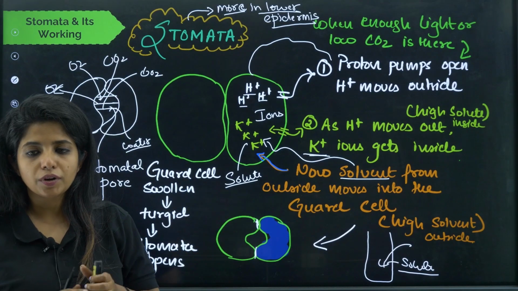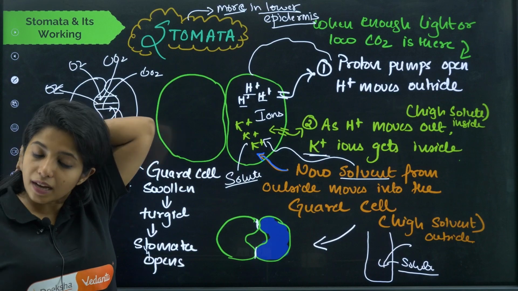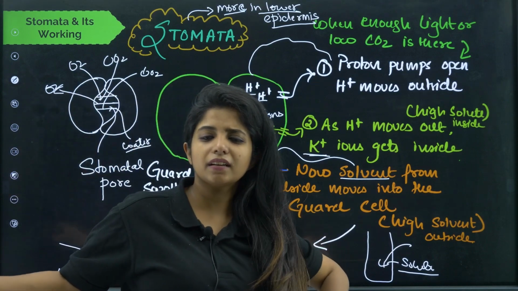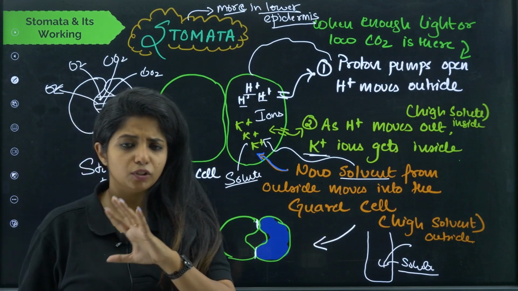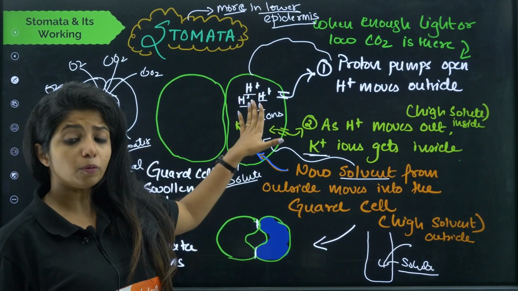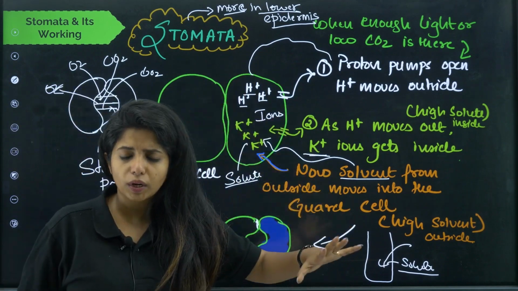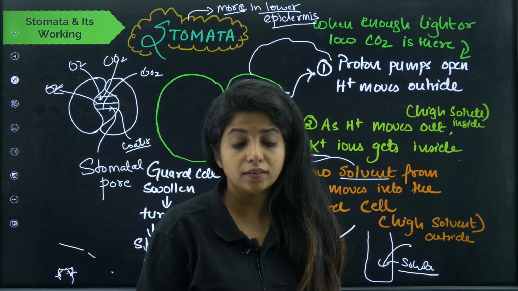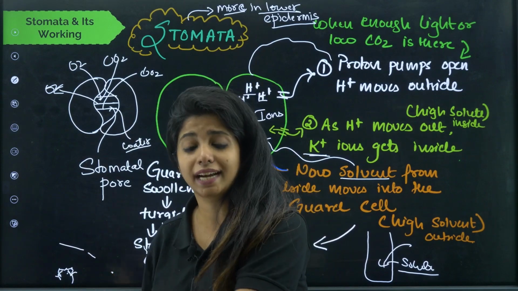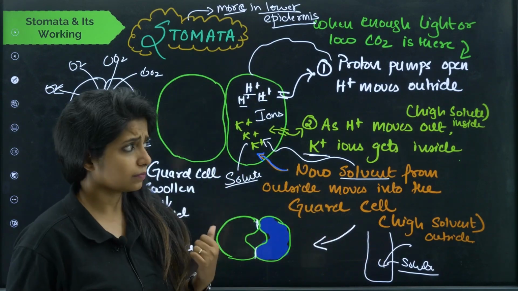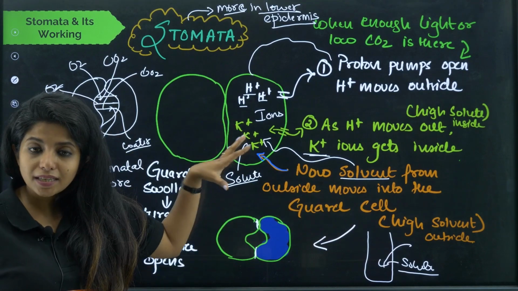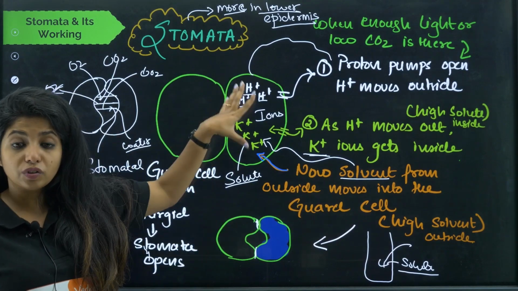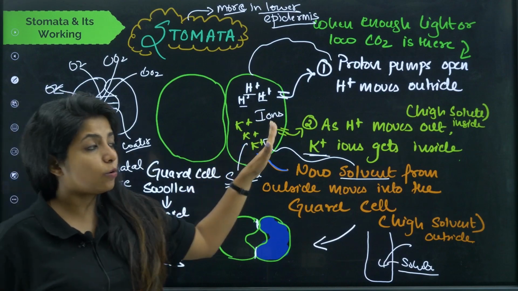I will repeat once more. Whenever there is less CO2, this starts off a stress reaction, and at the end, you have to remember that the proton pumps open up and the H plus ions move out. As the H plus ions move out, there is another ion waiting to get in. Who is that? K plus ions, or potassium ions, please remember it. Potassium ions get inside. Now there is too much ionic concentration within the guard cell in comparison to outside.